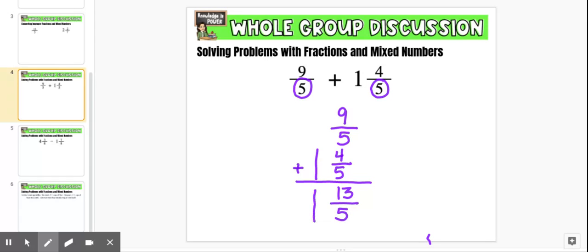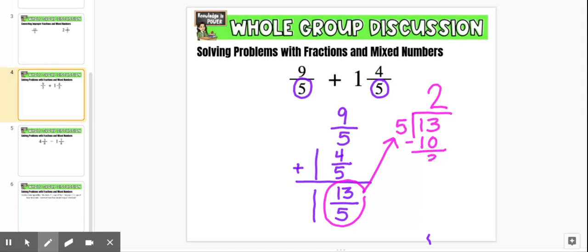And then, well, this is an improper fraction, so we need to convert that to a mixed number. So we're going to say, how many times does 5 go into 13? You get 2. And then you get 10. 2 times 5 is 10. Minus, you get 3. This becomes your new numerator. Denominator stays the same.